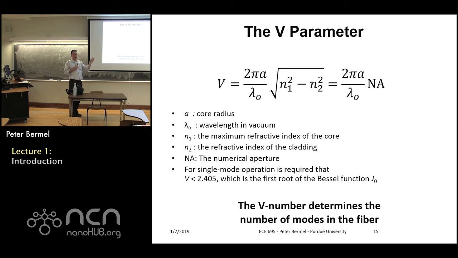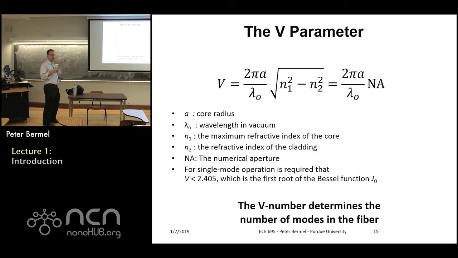And the V number, this is just a number at this point, doesn't necessarily have any inherent meaning, tells you how many modes can be present in the fiber at a given wavelength, lambda naught. The key thing is it's all determined by a solution to Maxwell's equations in the fiber.